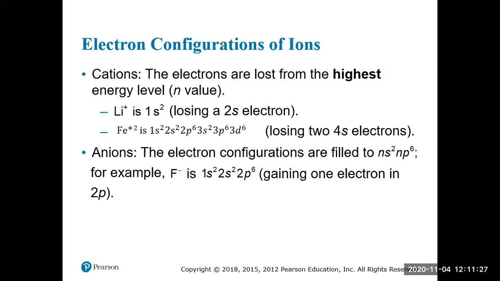So if we take fluorine, negatively charged fluorine, as an example, we have 1s2, 2s2, 2p6. So we gain 1 electron in the 2p level. So once again, for ions, cations are losing electrons, lost from the highest n value. Anions are gaining electrons, and it'll be filled according to ns2 and np6.